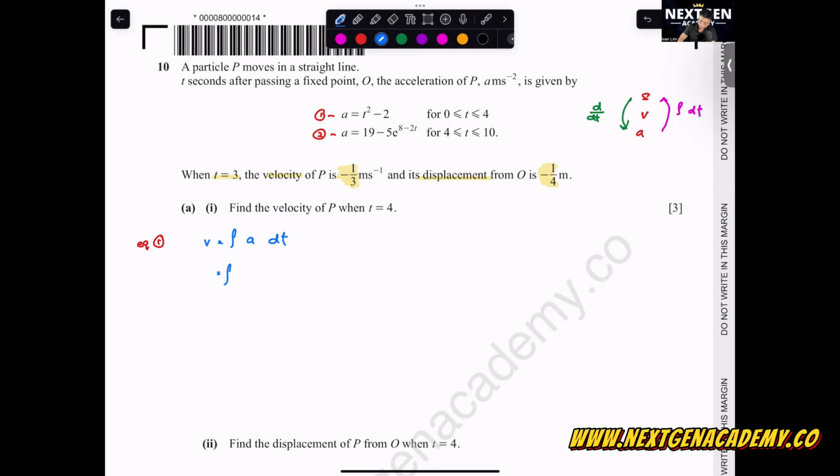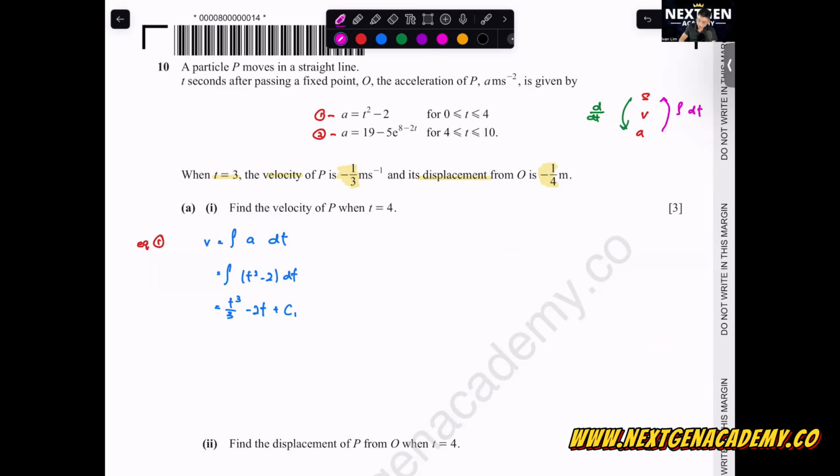This one, we will integrate t squared minus 2 dt. We'll get t cubed over 3 minus 2t plus c. I'll put here c1, because later we will need to find another constant.